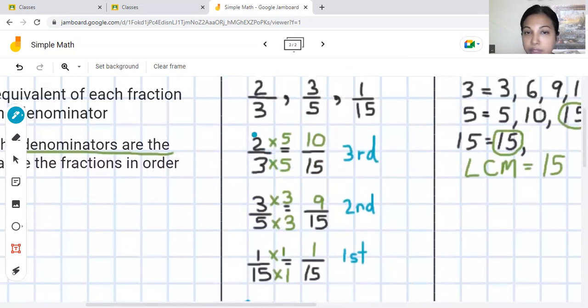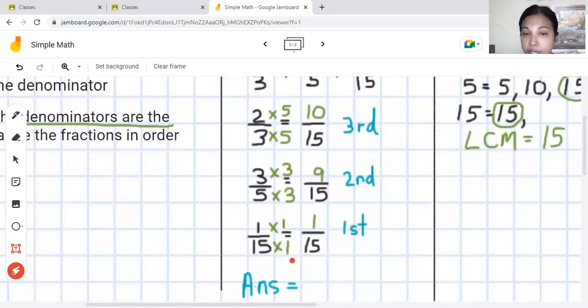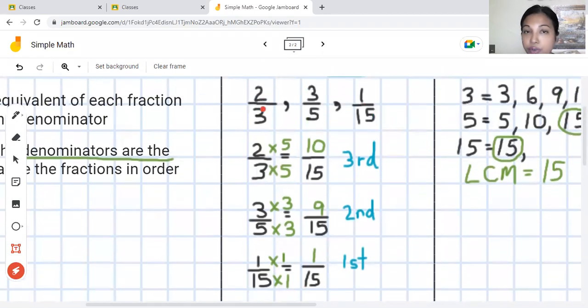We have to list the original fractions given, because those were the fractions that were asked to be arranged, the 2/3, the 3/5, and the 1/15. Although when we formed equivalent fractions, we got 1/15 as the equivalent as well here. But we are still looking at the original fractions when we are listing.